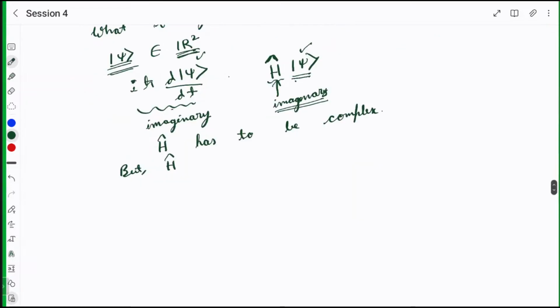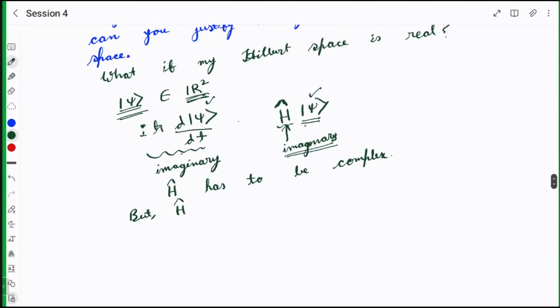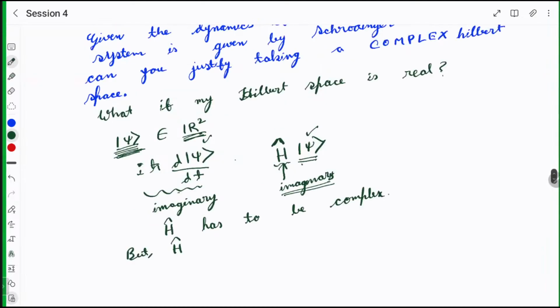Yeah. So let's go over what we were doing once again. We were trying to answer the question of what will happen if my Hilbert space is real. So we have taken some vector psi, which I have assumed is a member of the vector space R2, which is a real vector space and not a complex vector space.